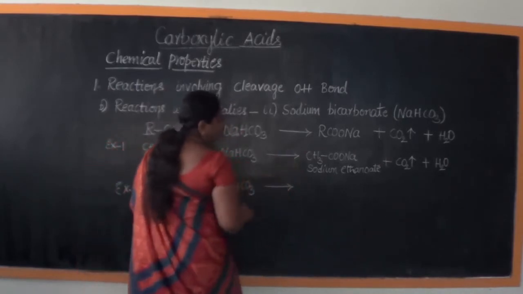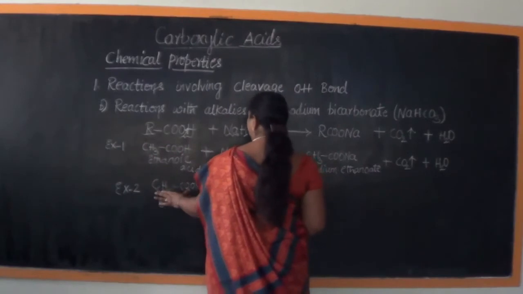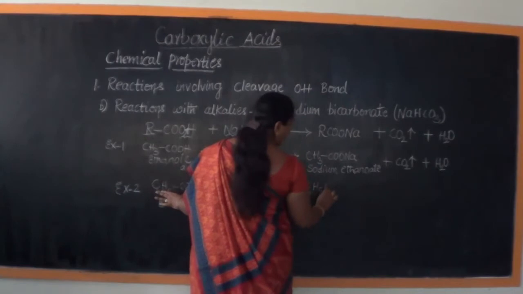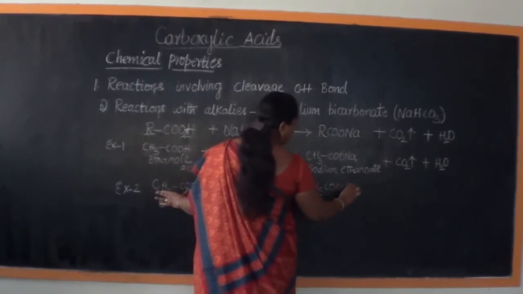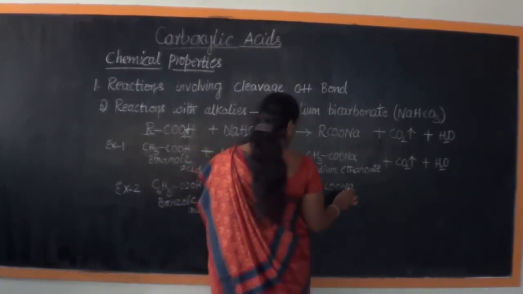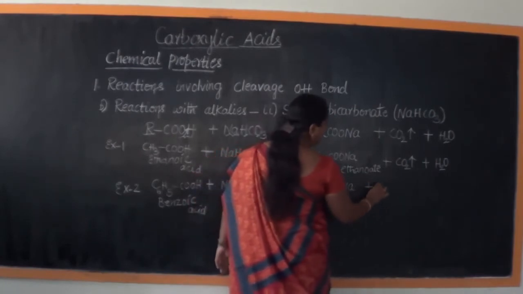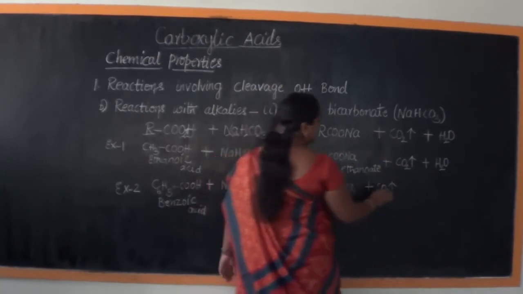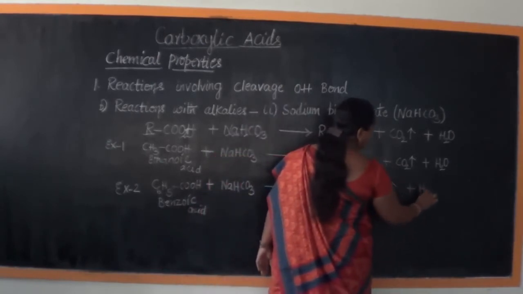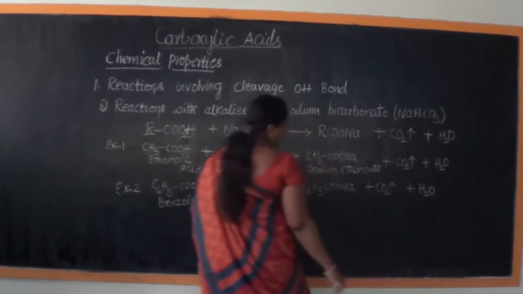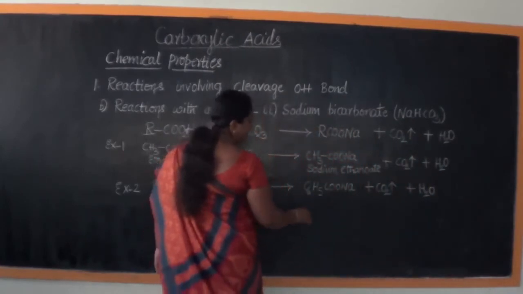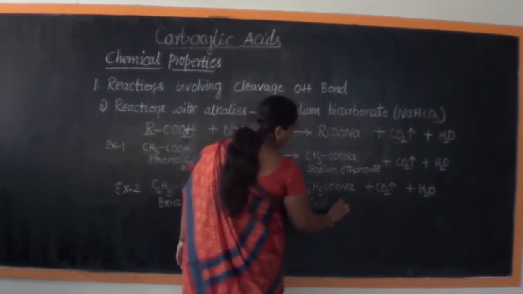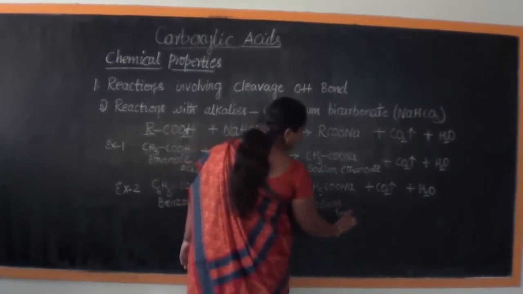Now, what's the product we are going to get? This entire thing is going to remain intact. C6H5COO, and in the place of H it's going to be Na, along with carbon dioxide liberated, which is associated with effervescence, and then formation of water. What is the name of this salt? It is called sodium benzoate.